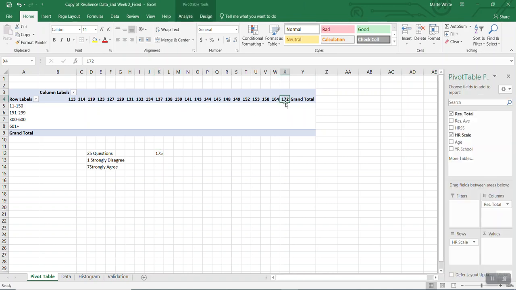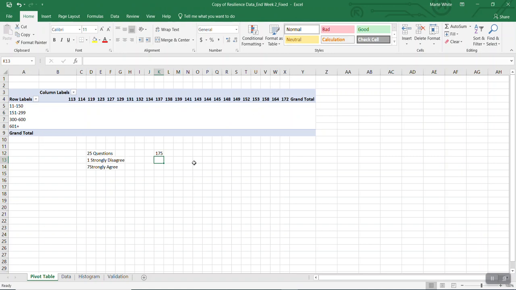So nobody had a score of 175 in our category, but we had somebody who strongly agreed at 172. It means that they have a very high resiliency score. And so we can then find out if they have a high resiliency score, how does that compare to the category of stress they fall into?